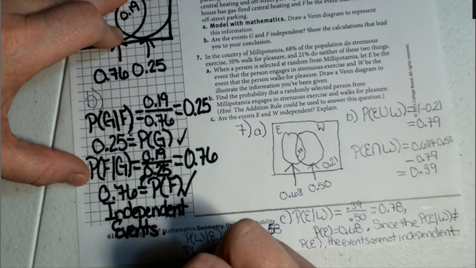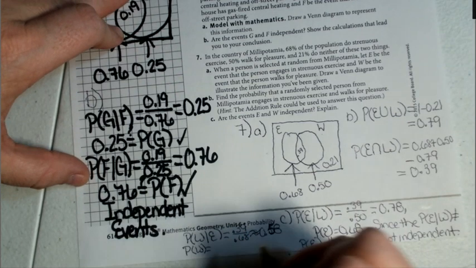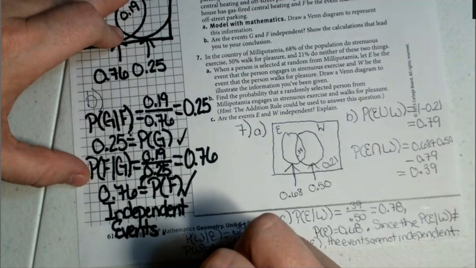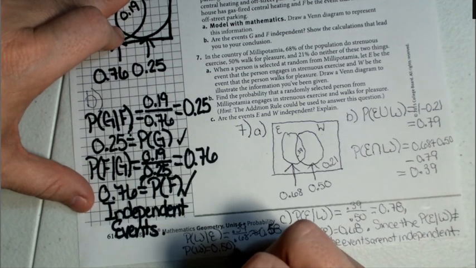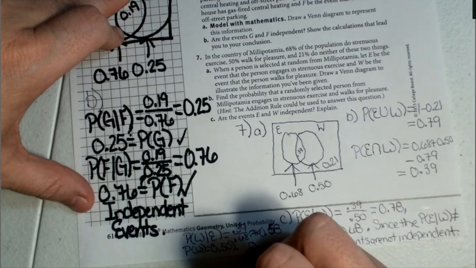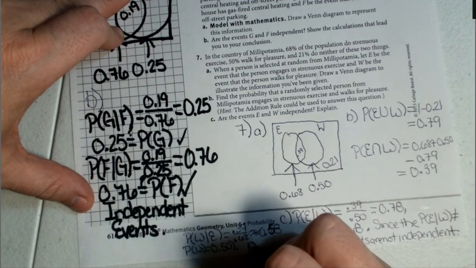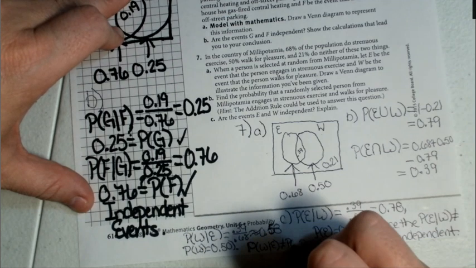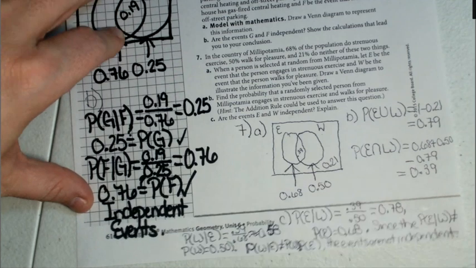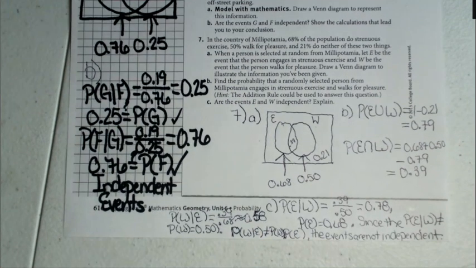And we know that the probability of W is 0.50. And we know that probability of W given E does not equal probability of W. So the same reasoning here. They're not equal, so therefore they're not independent events. On to the next section.